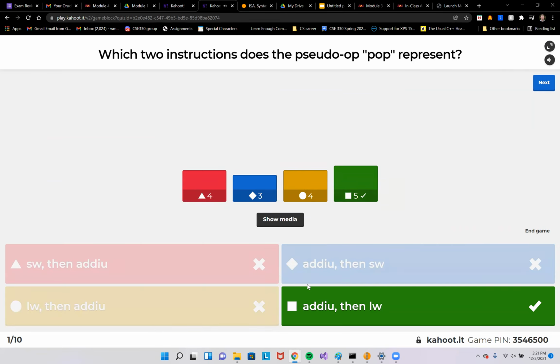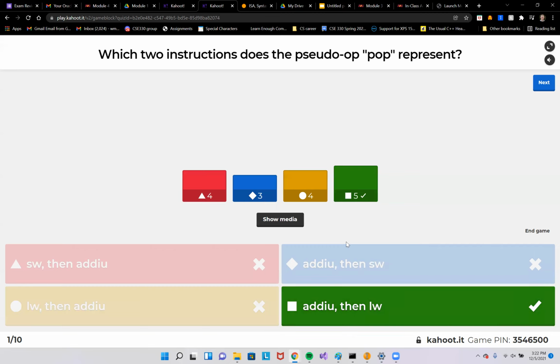Okay. So it's pop. That means that we are popping something off the stack, which means that we're taking something out of memory, which means we would want to be using a load word, right? And then with the pop and the push pseudo ops, it always moves the stack pointer first.